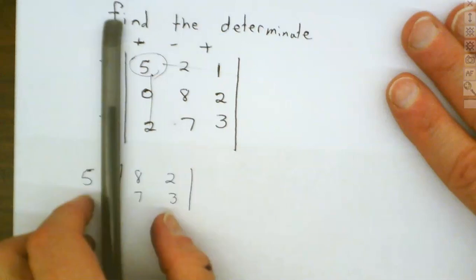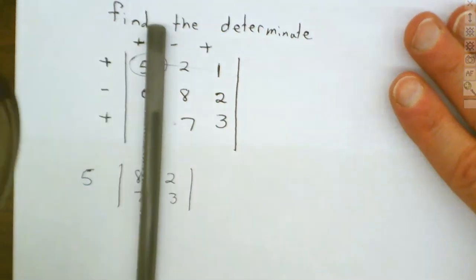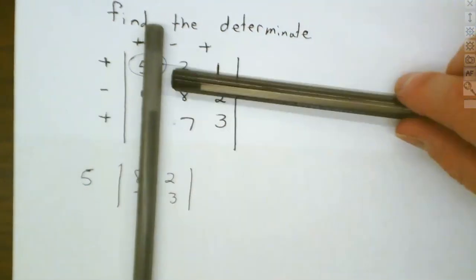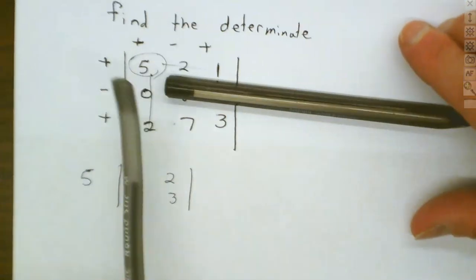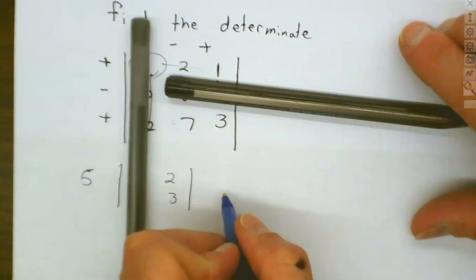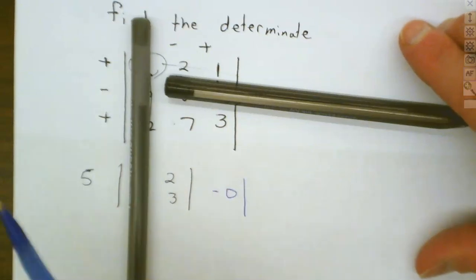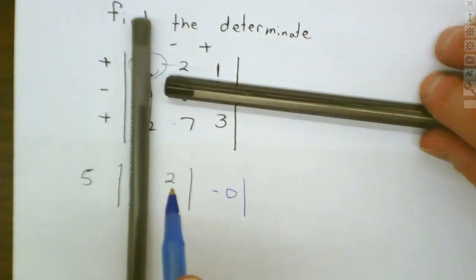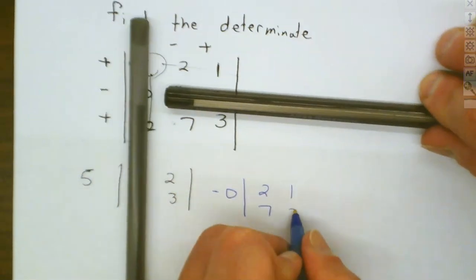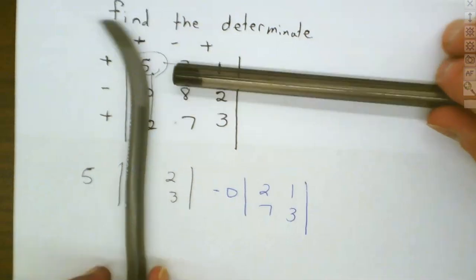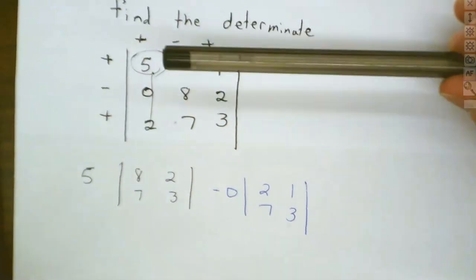Now we do it again. This time, we're going to cover up that 0. What's in front? Well, that 0 was in front, right? So that's there. And then what's our determinant? Our determinant is going to be 2, 1, 7, and 3. What's our last one? Going down.